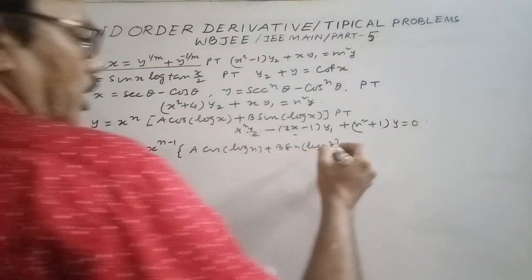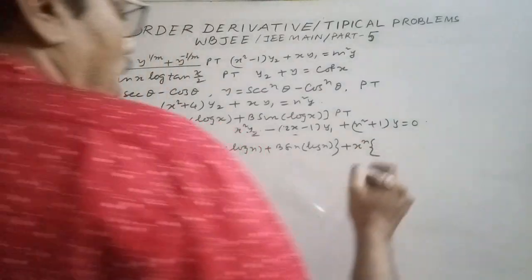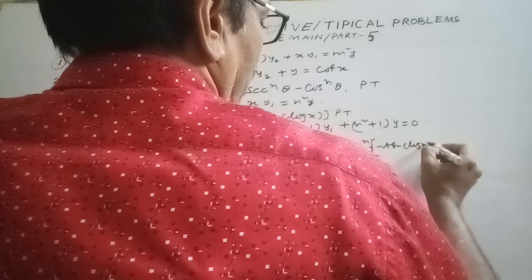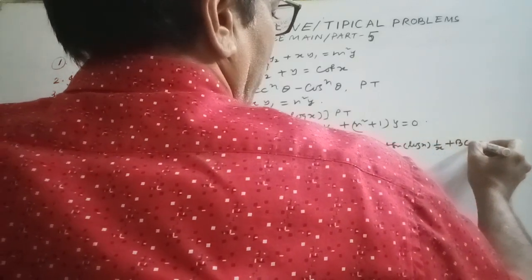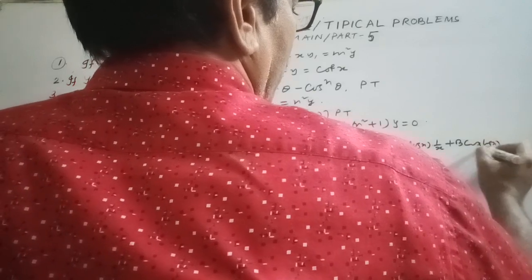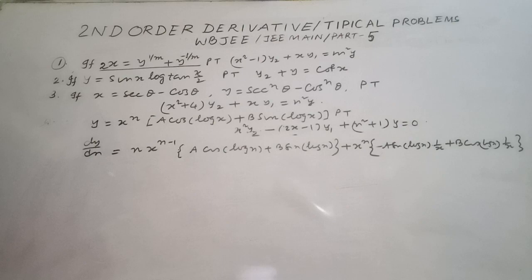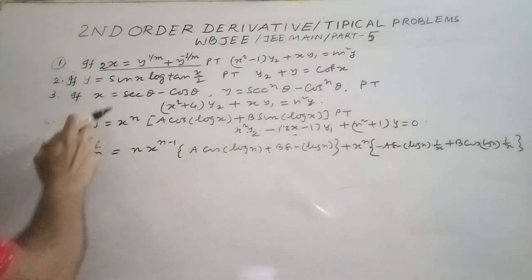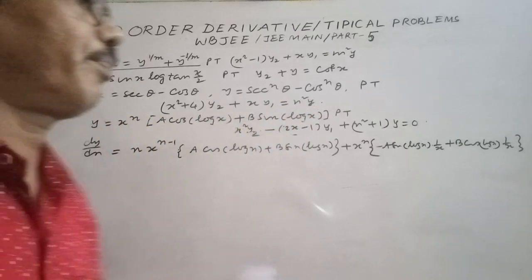Derivative of x to the power n, then x to the power n unchanged, minus a sin log x into 1 by x plus b cos log x into 1 by x. I have also solved this problem where y equals only this part, where x to the power n is absent.